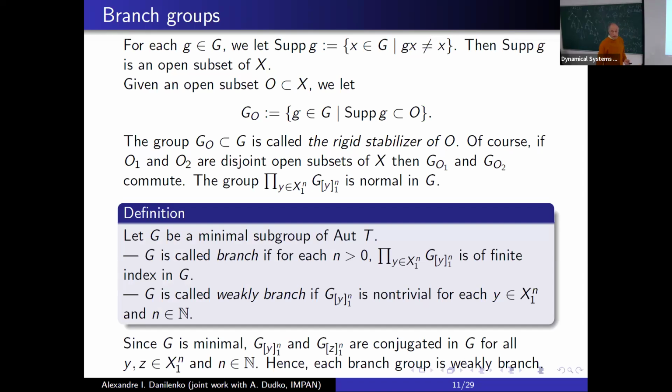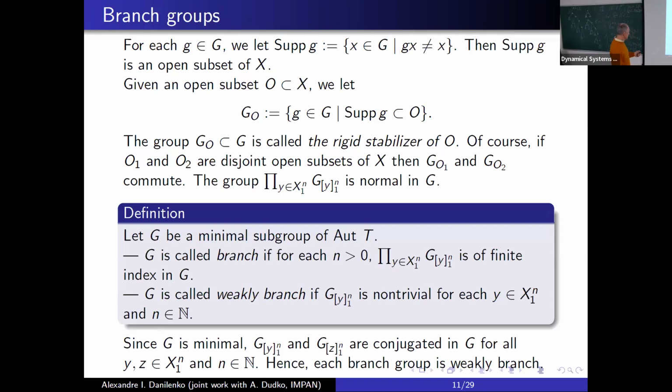Consider all possible cylinders of length n. For every cylinder, we have a subgroup of G indexed by this cylinder, and the product is normal in G.